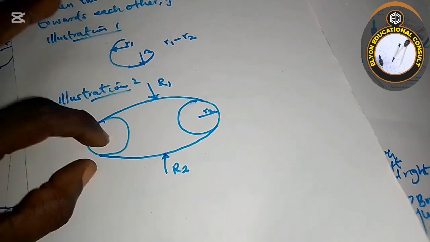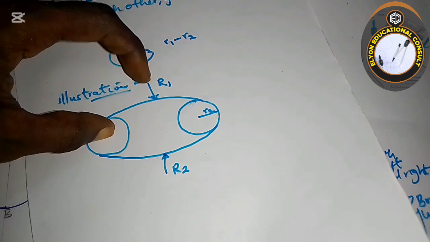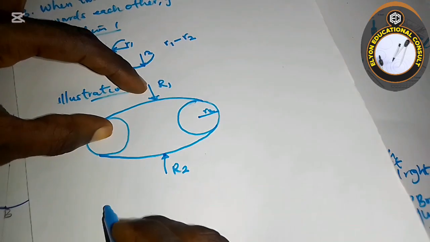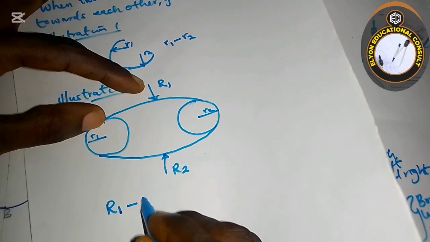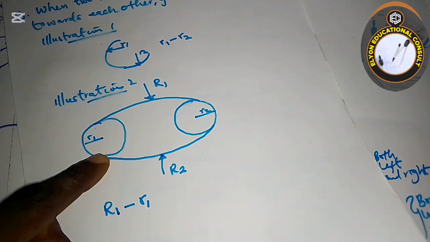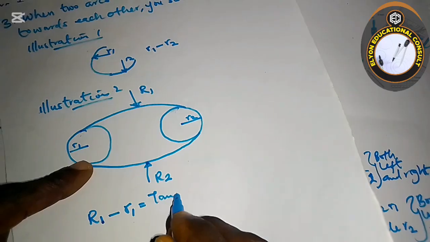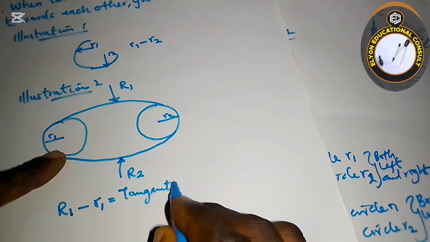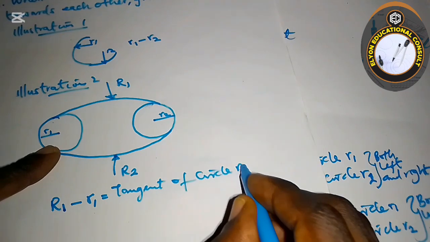Now to get this point, we are going to needle at this center, then with what radius? We'll say this radius R1, minus the radius of this circle, small r1 here. I hope you get that now, minus the radius of this circle, which is going to give us tangent of circle r1.